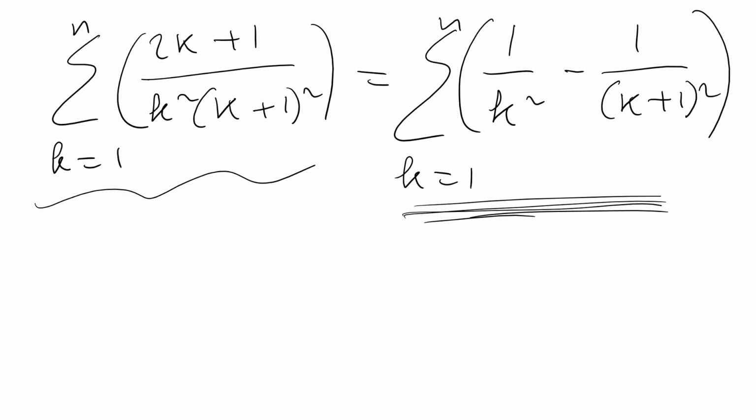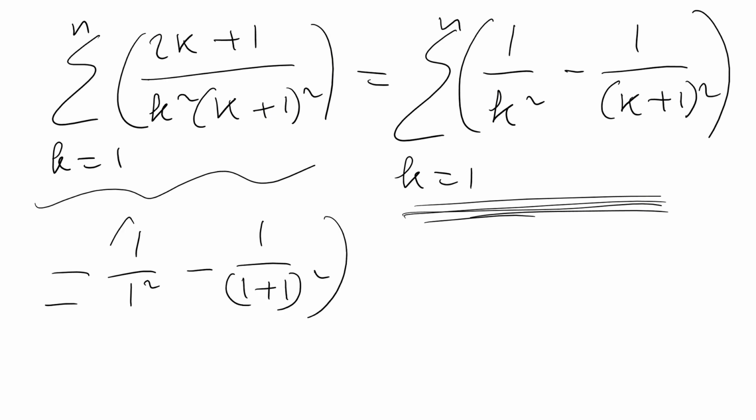If you expand this, what does expand mean? That means if you start by 1, you are going to have 1 over 1 squared minus 1 over (1+1) squared, right? That's the first term.